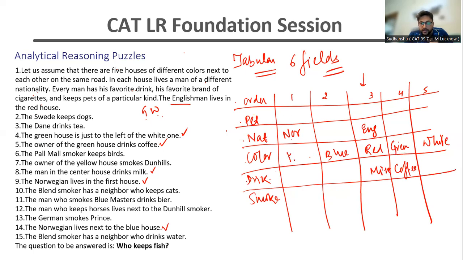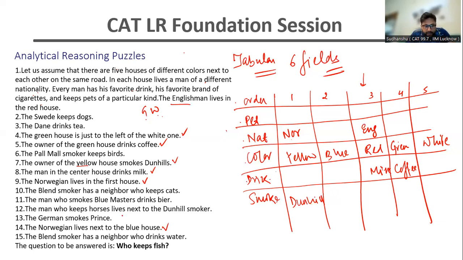So yellow should be here because I've seen yellow somewhere. So the 5th color is yellow. The owner of the yellow house smokes Dunhills. Wow, another free gift. So let me place Dunhill here. Anything related to Dunhill?